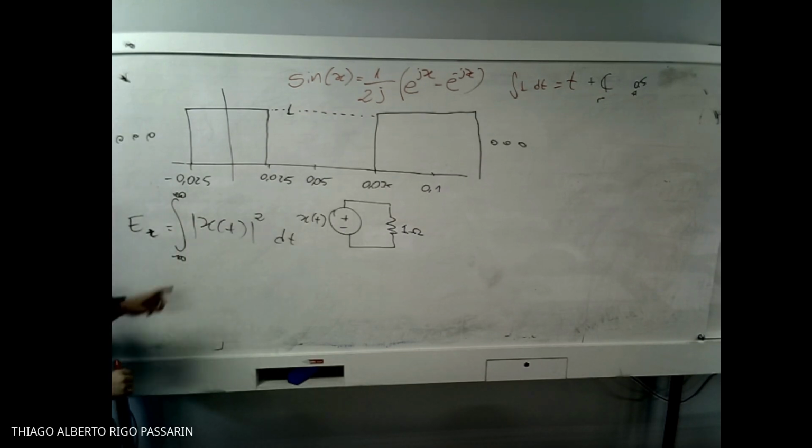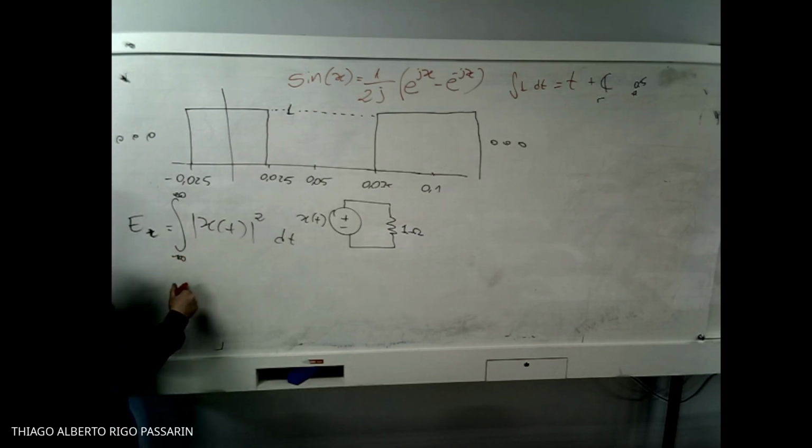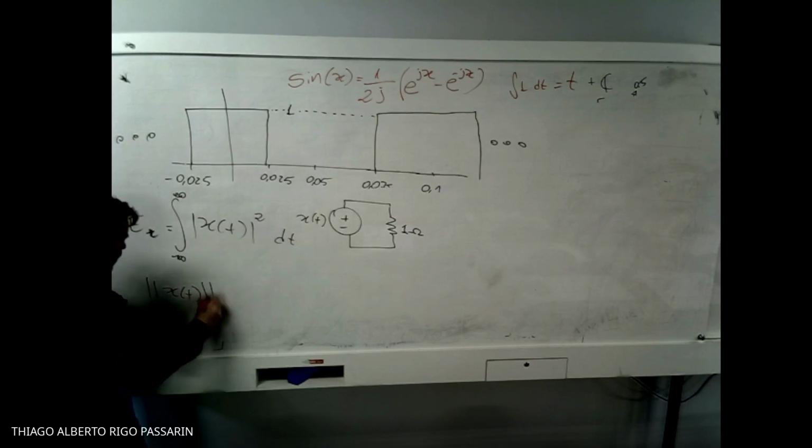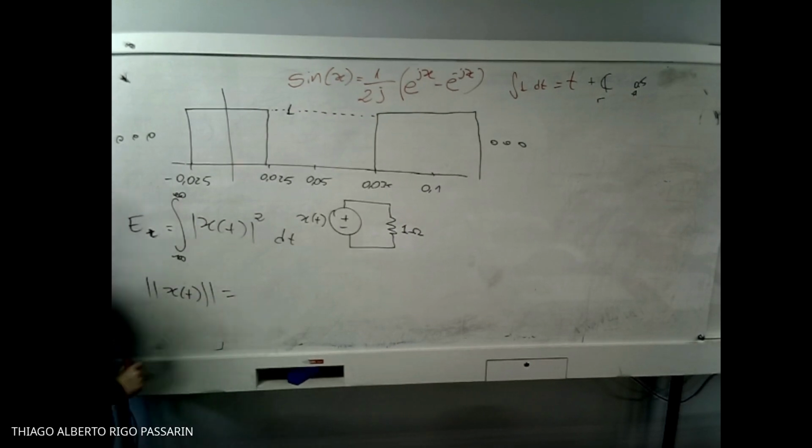So in the end, the energy is the squared norm, because this is the norm, right? The norm of a signal. What's the norm in linear algebra? I do the inner product of the signal with itself, which is to square the signal and sum, and then I have to do the square root.